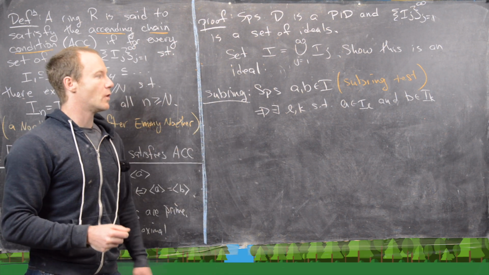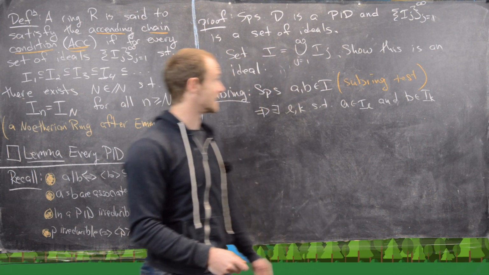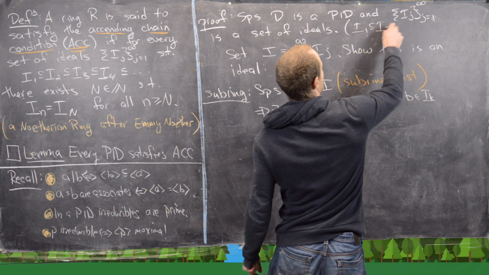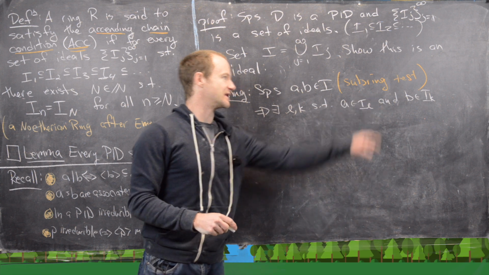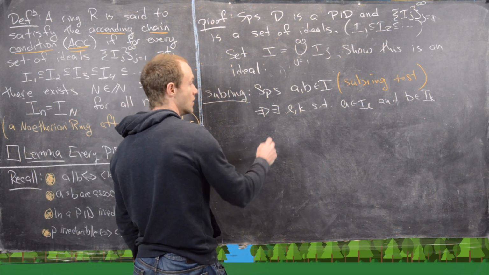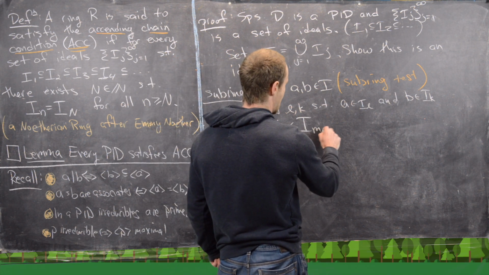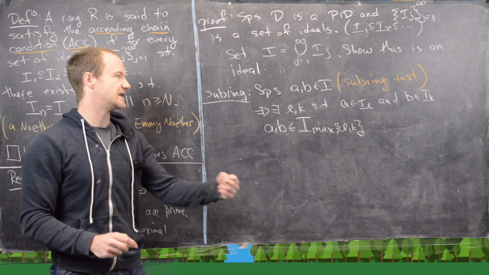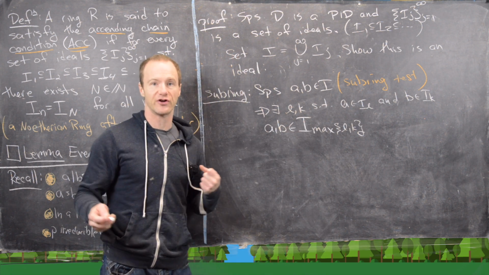Fantastic. What we know is that we have this chain of ideals that's ascending, so I_1 is contained in I_2 and so on. That means I_l is contained in I_k if k is bigger than l, and vice versa. So a and b are both contained in I sub max(l,k), because again, it's ascending. Let's say that a is in I_10 and b is in I_35.